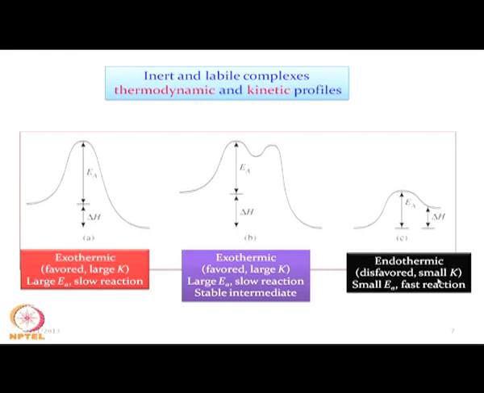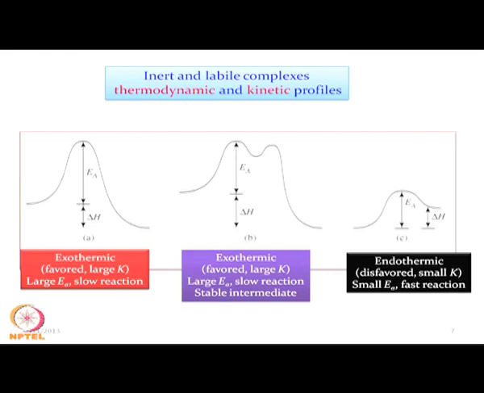A small k value also tells us about the corresponding positive value for the free energy change, but at the same time our EA value, the energy of activation, is also small and we get a very fast reaction. So, this basically gives us some important idea about the different types of reactions.